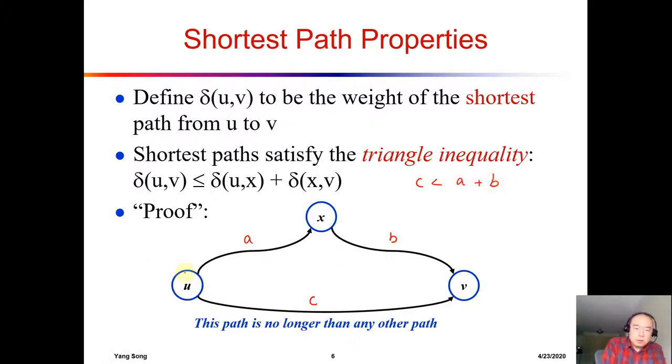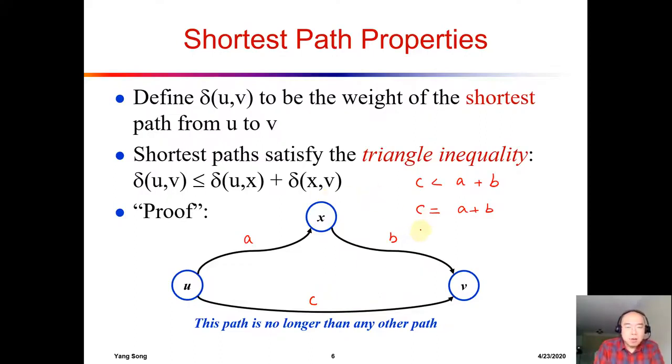This means if we want to go from U to V, we should take C, because C is shorter than the sum of A and B. So we are not going to take U to X and X to V, because A plus B is higher than C. Or another case: how about C equals A plus B? Then it doesn't matter, right? We can do U to X and X to V, or we can do U to V directly, and they're the same thing.